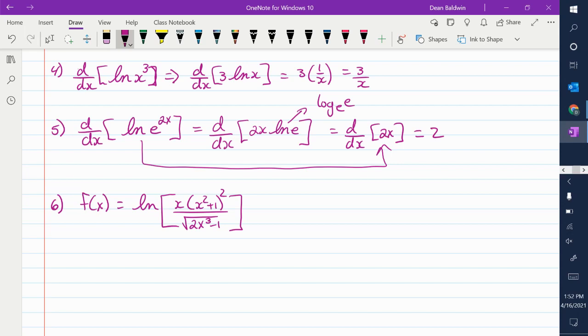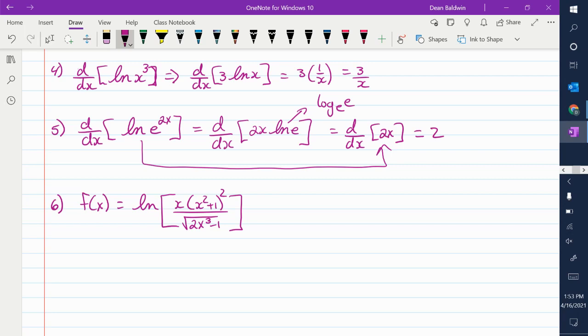Well, that has product, quotient, and chain, well, it has two chains actually, all munched together in there with a log, which is going to be a nightmare to do. It's going to be huge. It's going to get really ugly. But because it's being logged, that allows us to break it up.